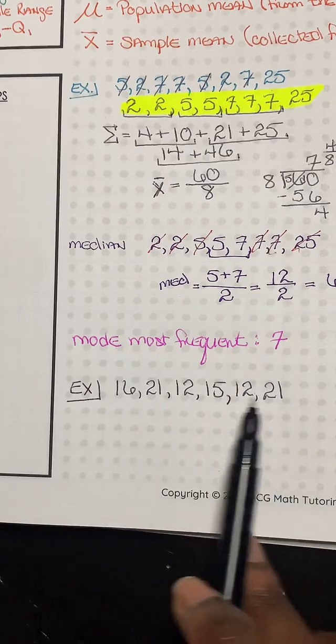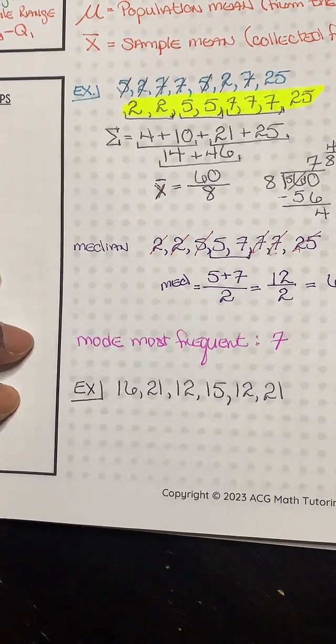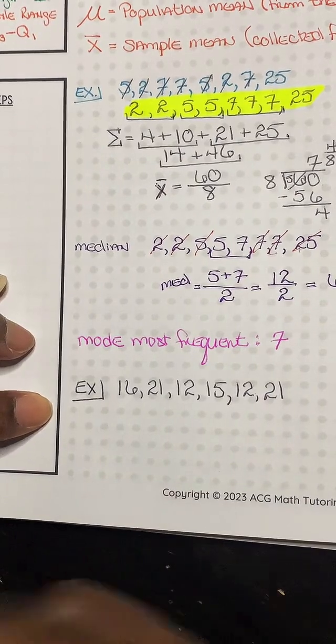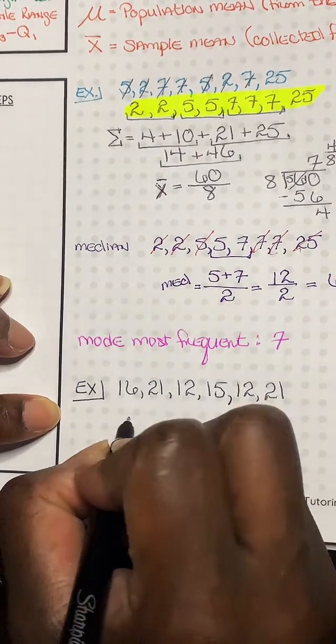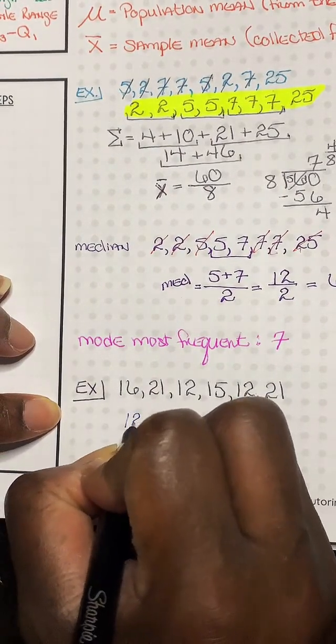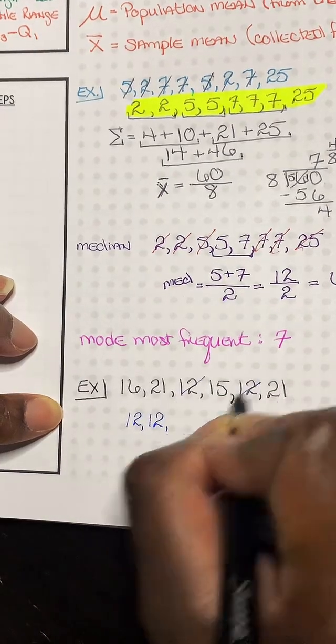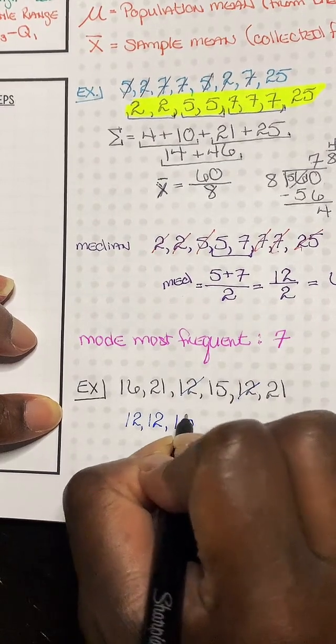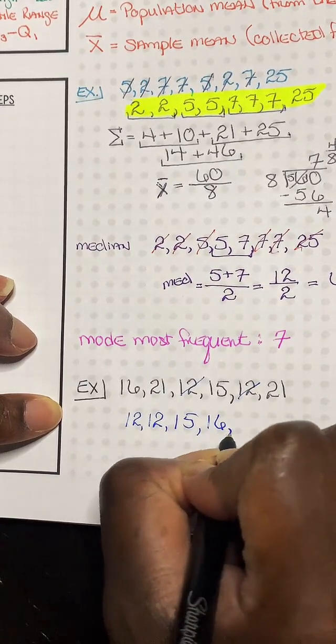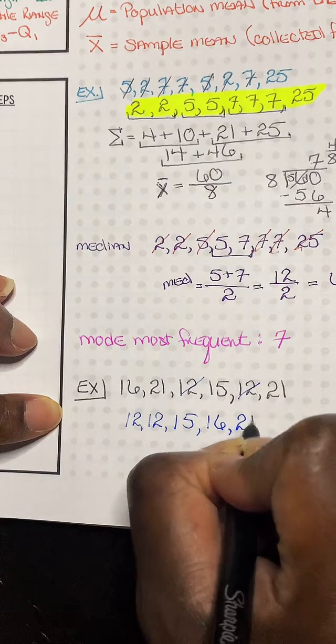And luckily right now we're doing the summarization. So sometimes, this is just me, if I want to make sure I see everything, I can quickly put it. So there is 2 12s. We got our 15. We have our 16. And we have our 21s.